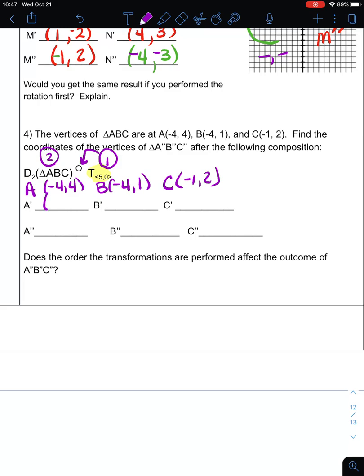So my X values are going to increase by 5, so -4 plus 5 is 1, 4. -4 plus 5 is 1, 1, and -1 plus 5 is 4, 2. So that's the translation. Then I'm going to do the dilation. This is a dilation of a scale factor of 2. So now I'm going to double that image. So 1 times 2, 4 times 2.